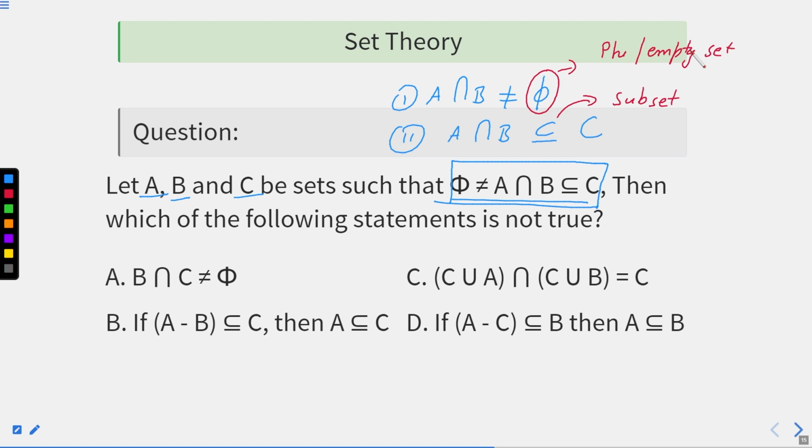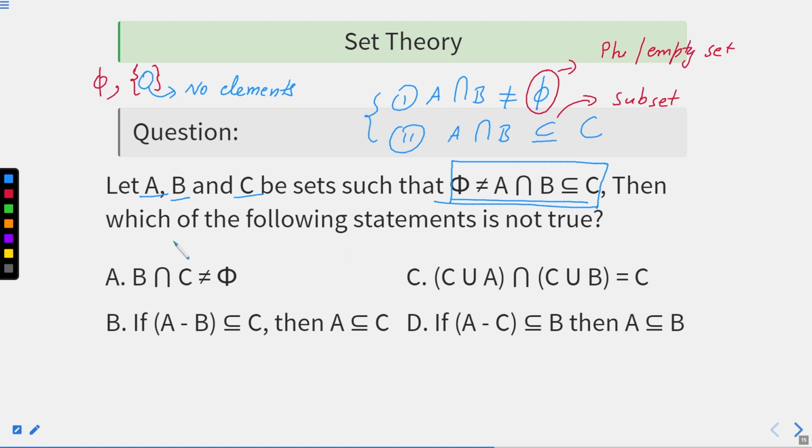The empty set is denoted like this, or sometimes by simple curly braces. See, there is no element. So we are given these two pieces of information.